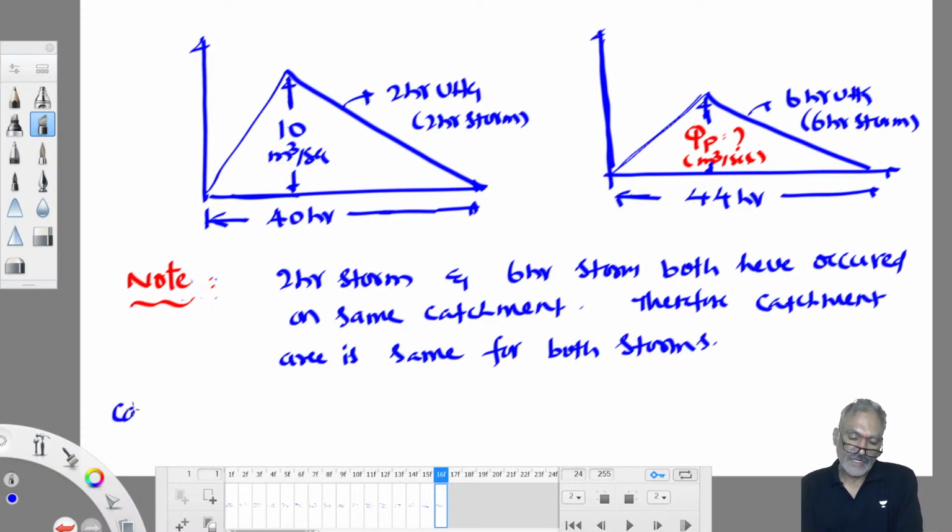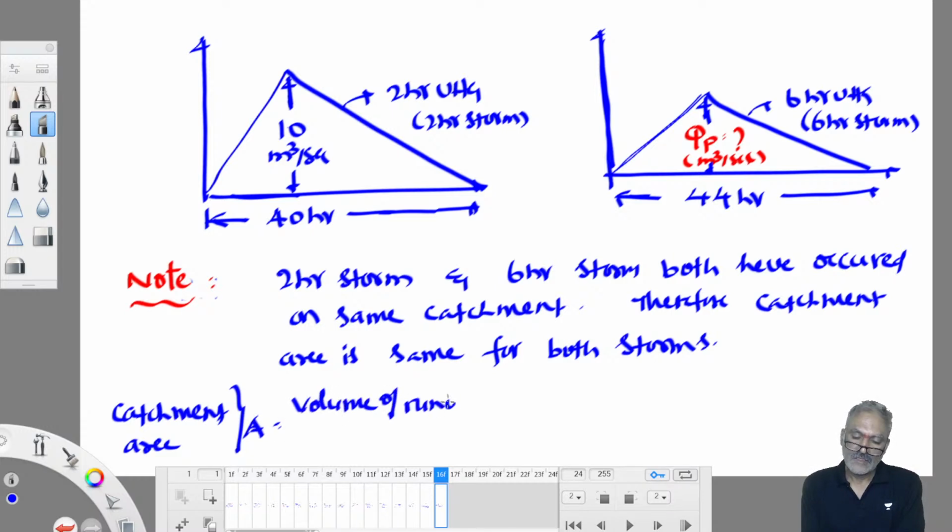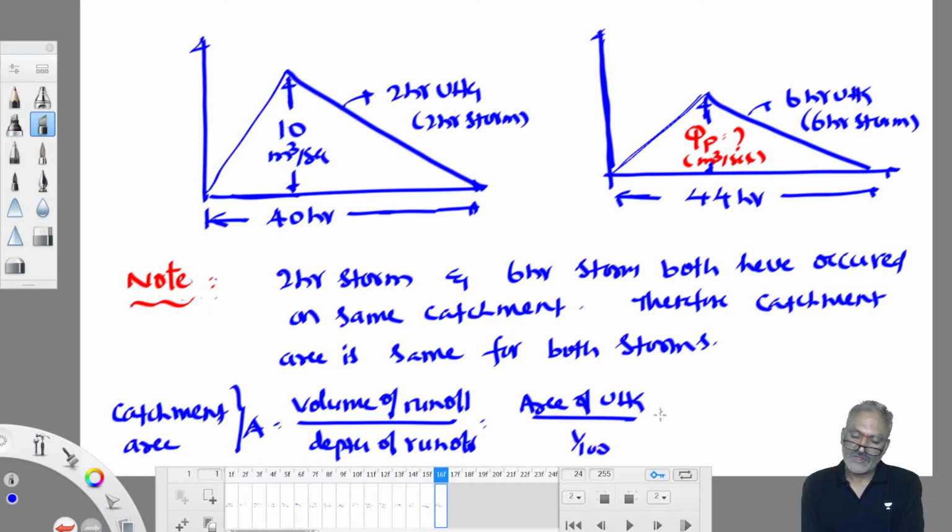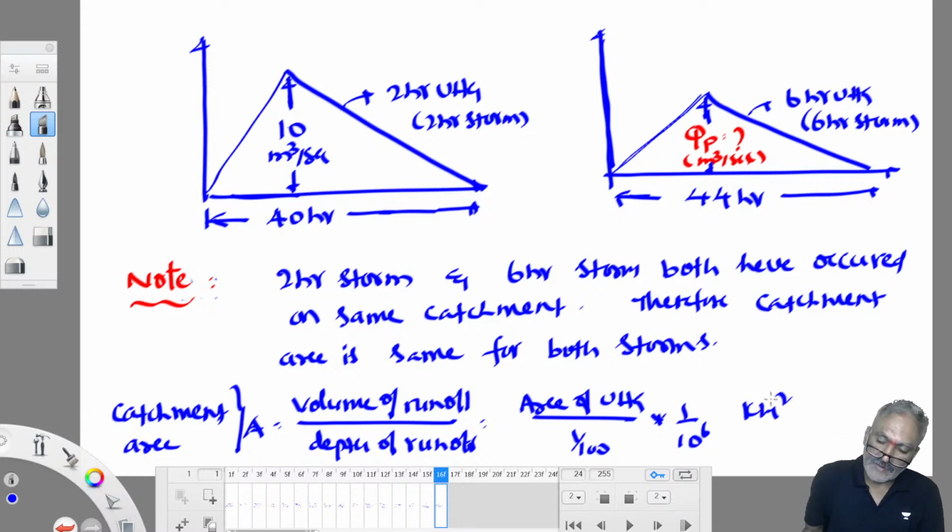So what is the catchment area? Catchment area is equal to the volume of runoff by depth of runoff. Volume of runoff is the area of the unit hydrograph. Depth of runoff is always 1 by 100 by 1 by 10 power 6, and you get the catchment area in kilometer square.